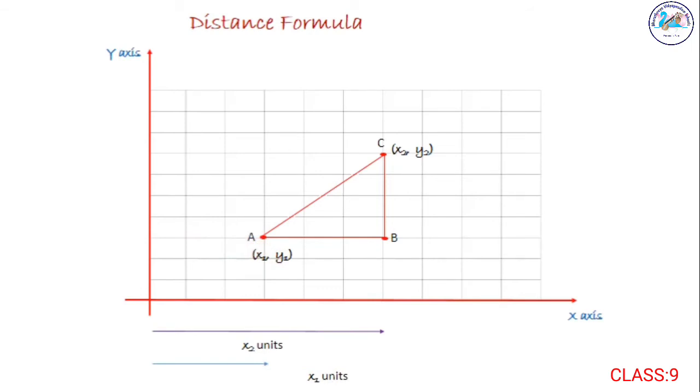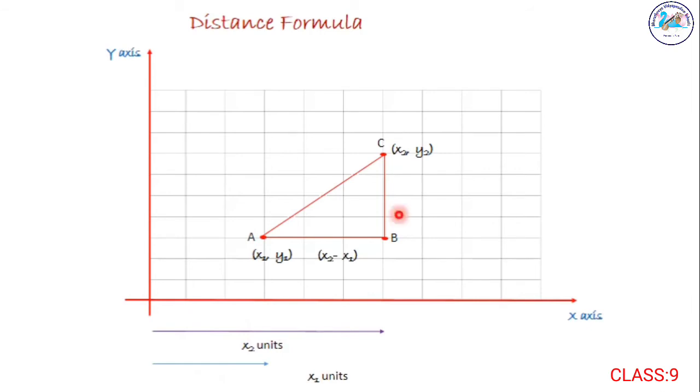Now if you subtract x1 from x2, you will get distance AB. The total distance from the y-axis to here is x2 units. From there we need this much only, that means from A to B only. So from x2 we have to subtract x1. This length we have to subtract. So x2 minus x1 is AB.